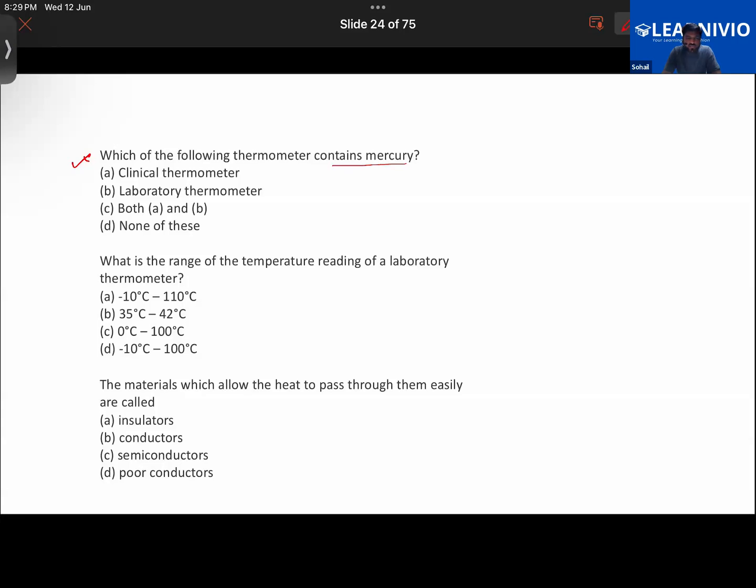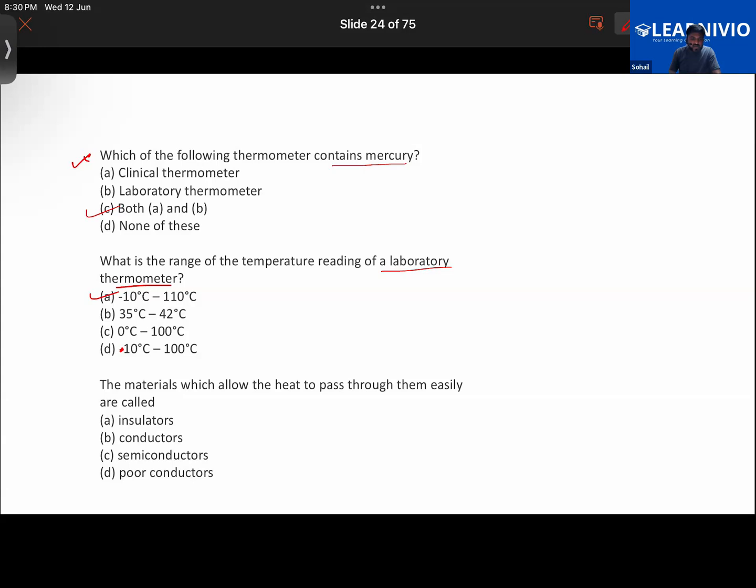So both of them contain mercury. Option C is the correct one. Then the laboratory thermometer ranges from minus 10 degrees Celsius to 110 degrees Celsius. Option A and D are the same, by the way. There's a mistake in this. It could be just plus 10 degrees Celsius.